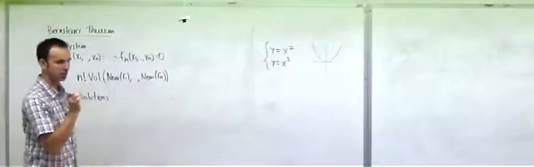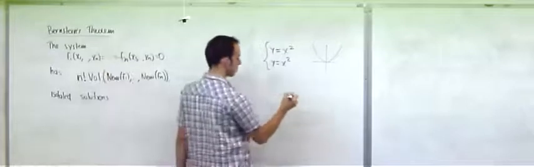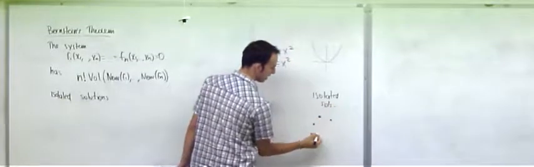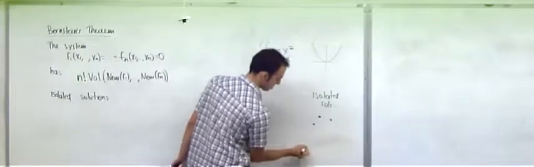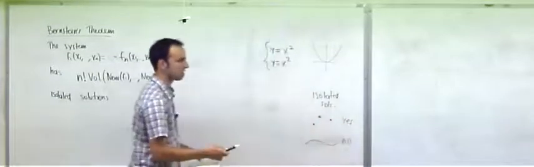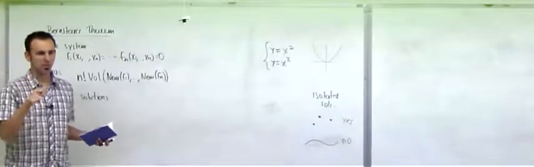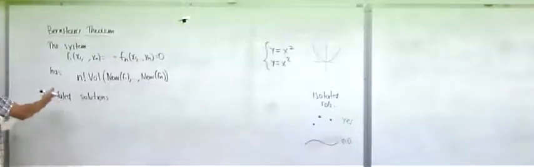And so you're isolated if there's no solutions around you. So when we say isolated solutions, we just mean points that are isolated. So these are isolated, but this is not isolated, something like this. So this yes, and this no. Okay, and the technical condition basically is that a solution is isolated if you can find a neighborhood around it containing no solutions, except for it. Okay. So that's the first catch, and it's not a very serious catch.